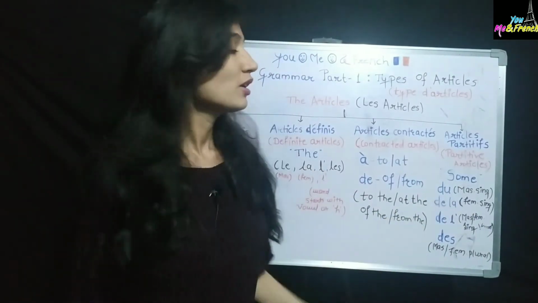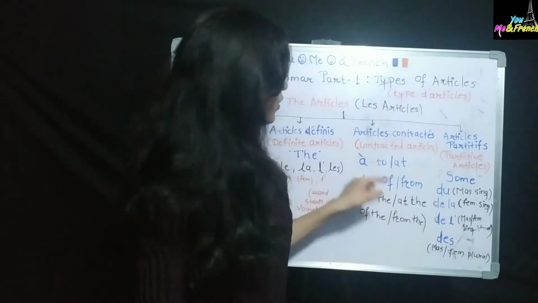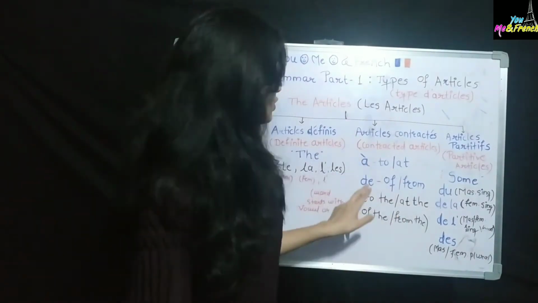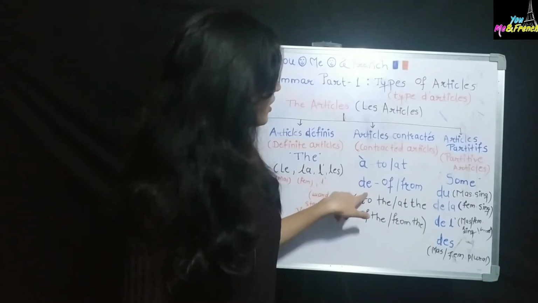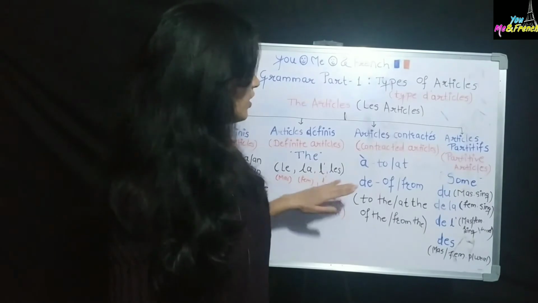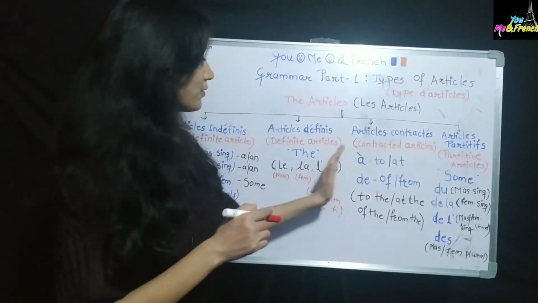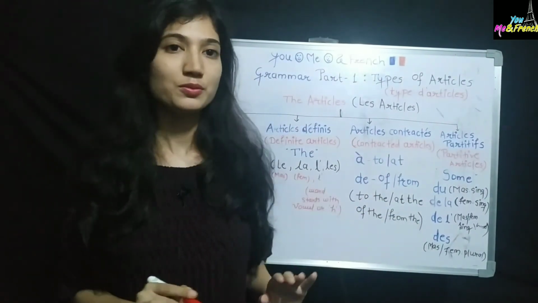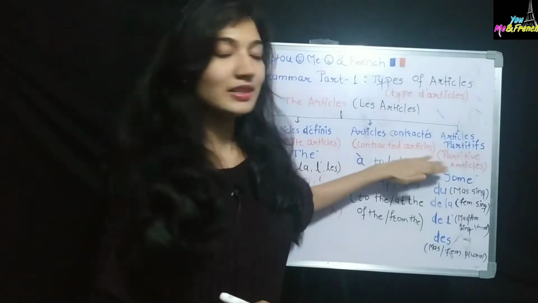We make sentences, so for that we need contracted articles, and we contract with definite articles. If we have to say to the, it is à la. If we have to say of the or from the, it is de la. But I have taken only this in this part because I don't want you to be confused, right? So just remember what comes in contracted articles.